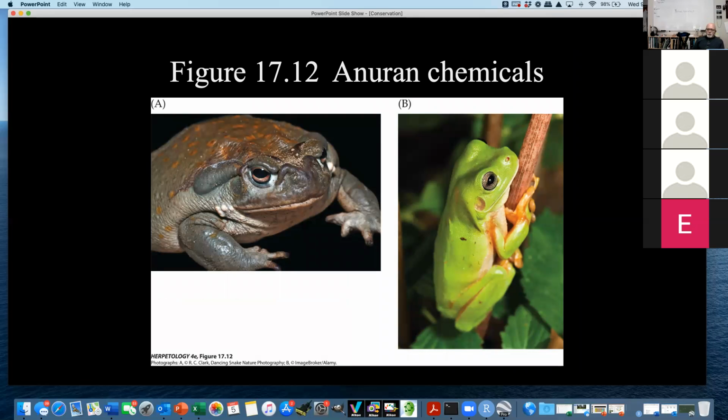And then, of course, there is exploitation of animals for things like chemical properties. So we know that a lot of amphibians have poisons and toxins that they use for anti-predator means, but those same toxins can have pharmaceutical applications, both for use as things like painkillers, but also, in the case of snakes, there are aspects of the venom that might be useful for people with problems with blood clots.